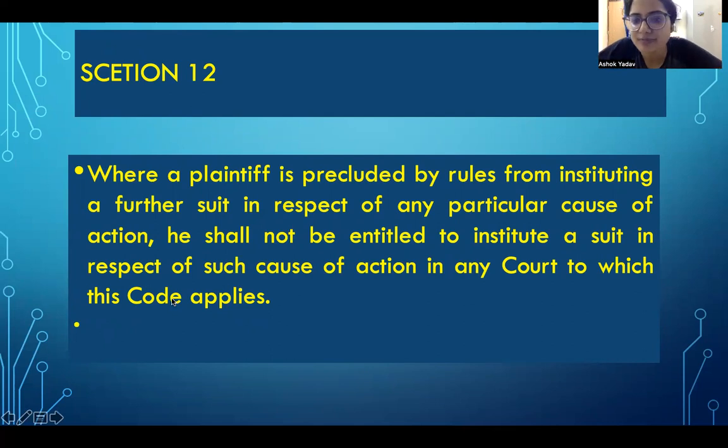That is, if a plaintiff is not allowed by rules from instituting a suit on a particular cause of action, then he cannot file a civil suit with respect to the same cause of action in any other court, right?